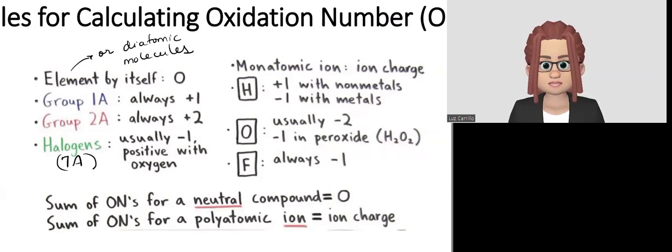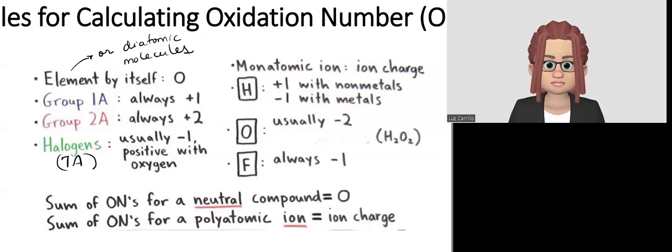But I'm just going to eliminate this note of the findings in peroxide because, to be honest with you, in this class, we don't explore the oxidation number of oxygen specifically in peroxide. So let's just assume that for the purposes of this class, oxygen is always going to have an oxidation number of -2.